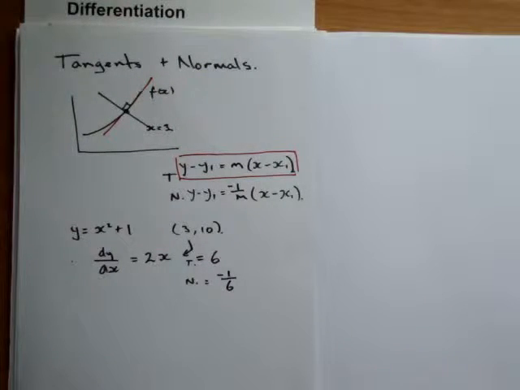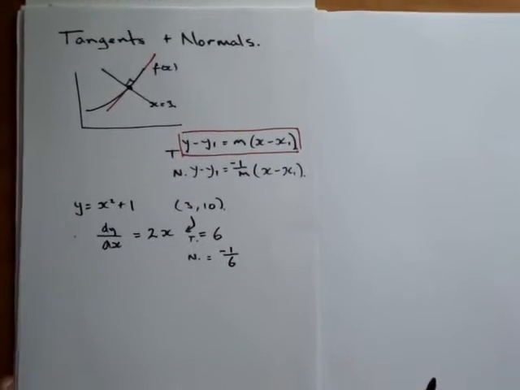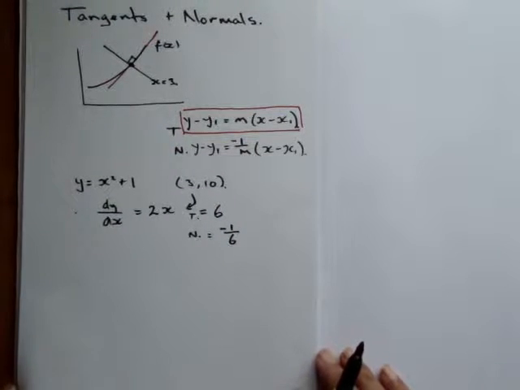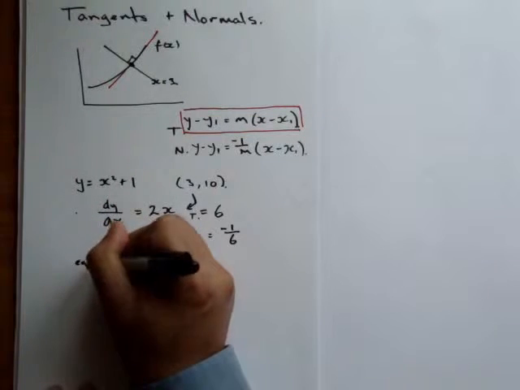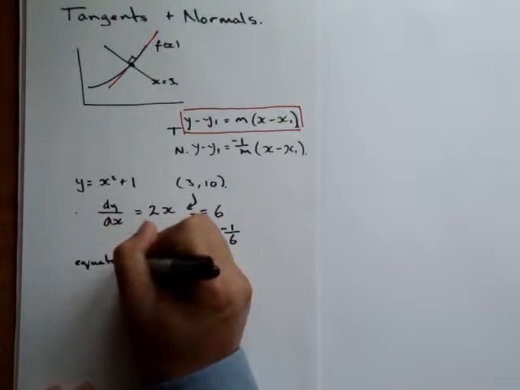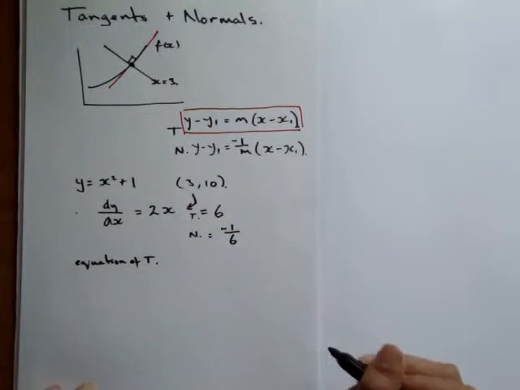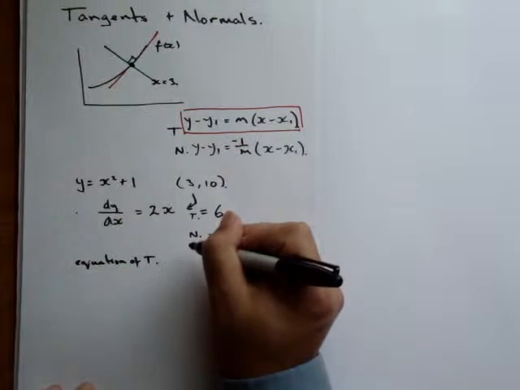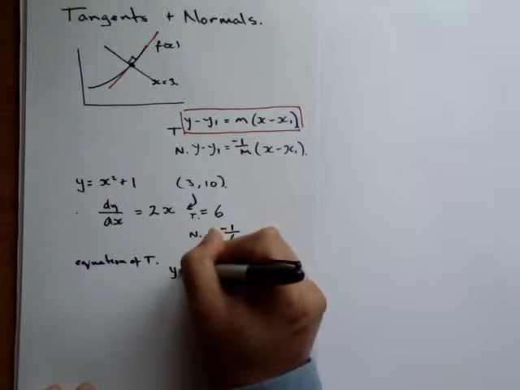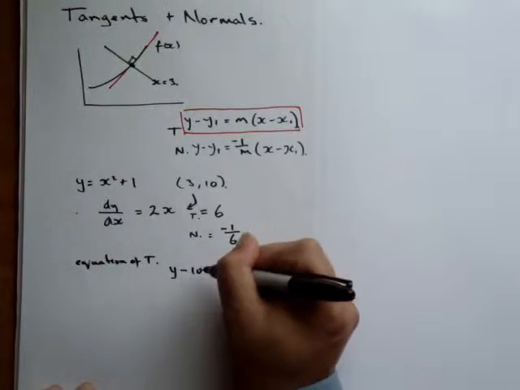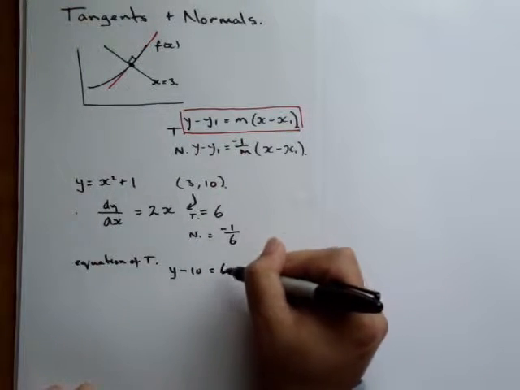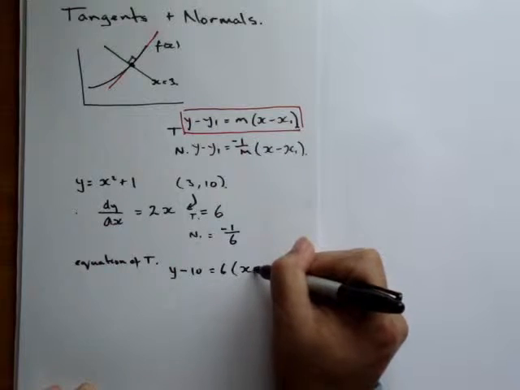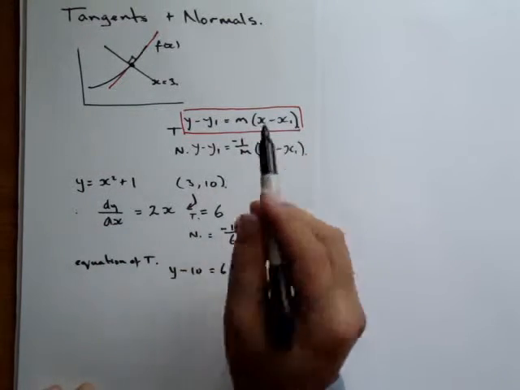So let's now use our formula to find out the equation of the tangent. So the equation of the tangent: y minus y1, so that's y minus y1, y1 was 10, equals m, which we found for the tangent is 6, times x minus x1, which was 3.